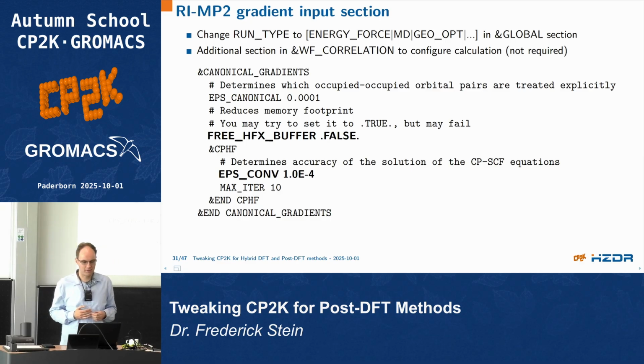It sometimes fails, which is why it is usually set to false, but if you can, you should set it to true to save more memory. And finally, this abs.conf determines the accuracy of the solution of these coupled perturbed SCF equations, and that is the one which finally determines the accuracy of your gradients, whatever kind they are.